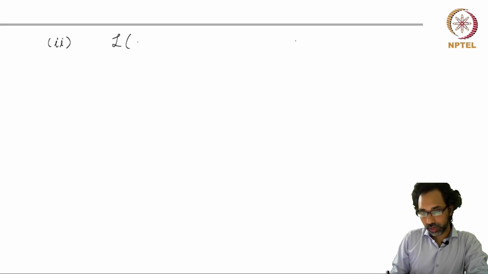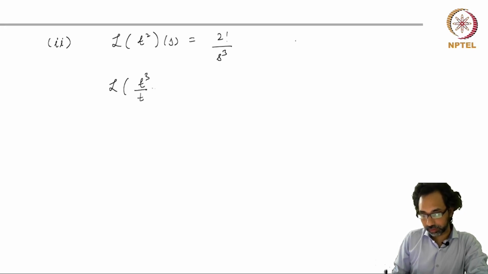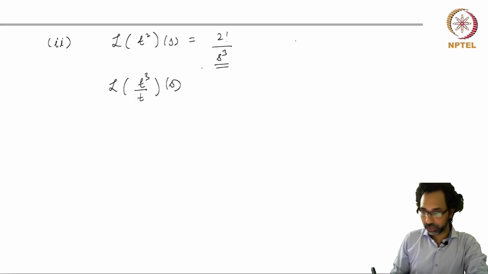Let us look at another example. Note that we already know that the Laplace transform of t squared is given by 2 factorial by s cubed. Now I will write this as t cubed over t, and check that you get the same formula, 2 factorial over s cubed, using the integral formula that we just saw.